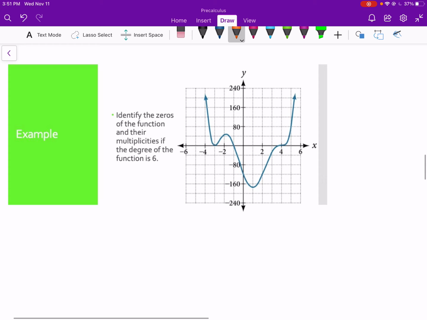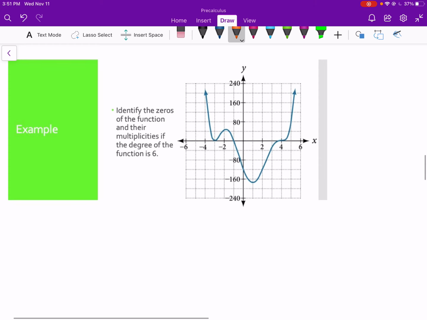So we want to identify the zeros of this function and their multiplicities if the degree of the function is 6. If the degree is 6, that means we should have 6 zeros. I'm going to look on the graph, and I see one of them here, one of them here, and one of them here.